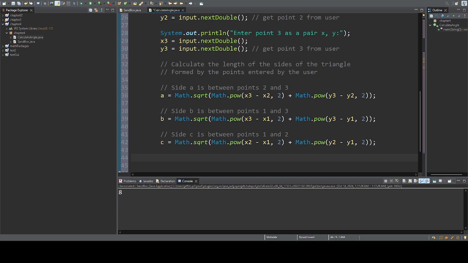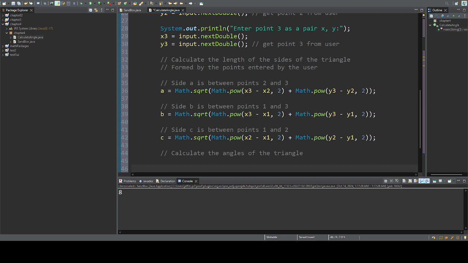So what we're going to do is find this in degrees. Now this is going to compute it in radians, so we're going to want to convert it to degrees. So let's see. We're now going to calculate the angles of the triangle.